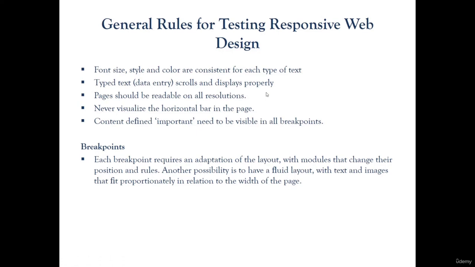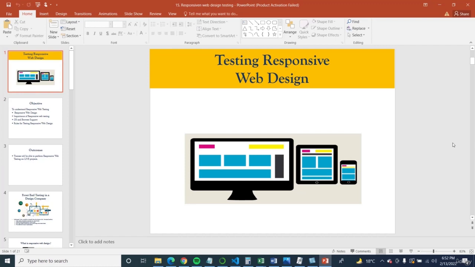Then the content defined as important needs to be visible at all breakpoints, and breakpoints mean that each breakpoint requires an adaptation of the layout, with modules that change their position and rules. Another possibility is to have a fluid layout with text and images that fit appropriately in relation to the width of the page. So that's all about responsive testing.